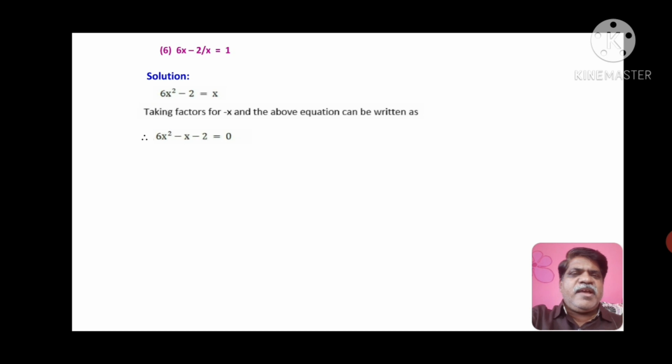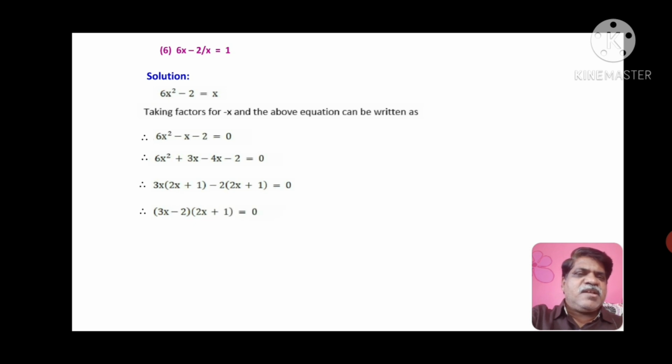Therefore, it can be written as 6x square plus 3x minus 4x minus 2 is equal to 0. Therefore, 3x is taken out, and what is left in the bracket is 2x plus 1. For the next two terms, minus 2 is taken out, so what is left in the bracket is 2x plus 1. So 2x plus 1 is the common factor taken out, and in another bracket we get 3x minus 2 is equal to 0.